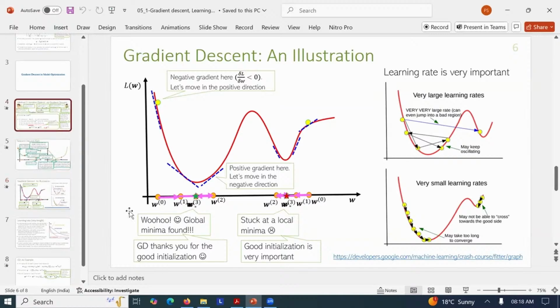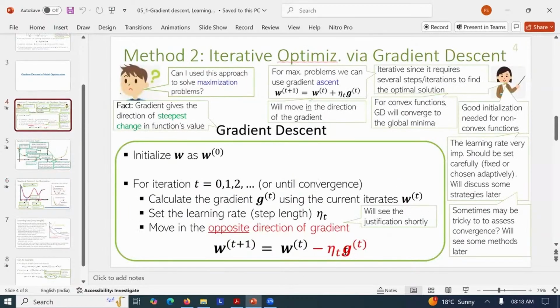If this gt is 0 or nearly 0, then this product will be 0 or nearly 0. So in that case, Wt plus 1 is nearly equal to Wt. That's why we can use this condition to check whether our algorithm has converged or not. So if the algorithm has converged, then Wt plus 1 will be nearly equal to Wt, or the gradient vector will be nearly equal to 0, right?